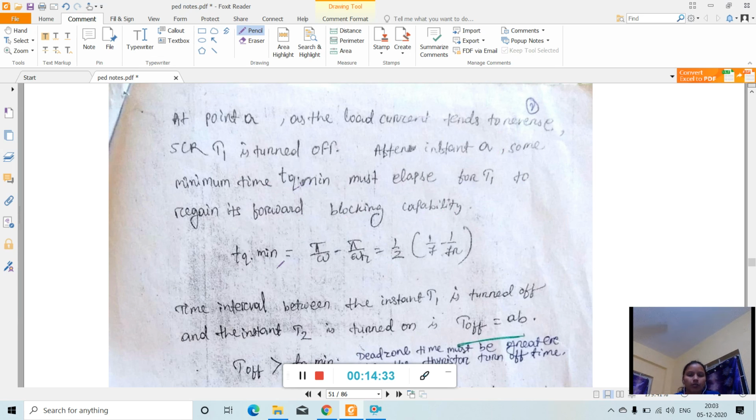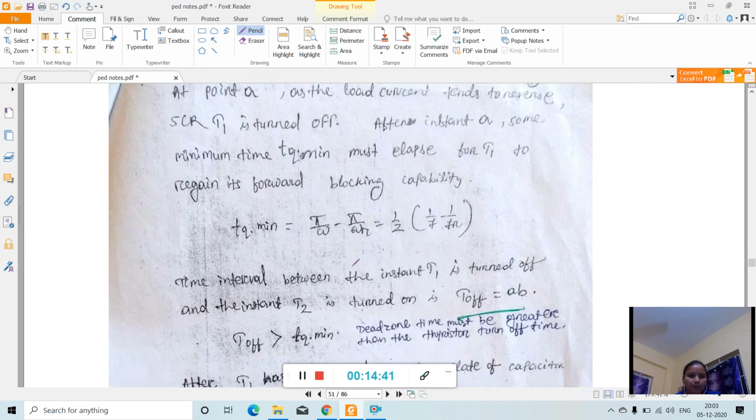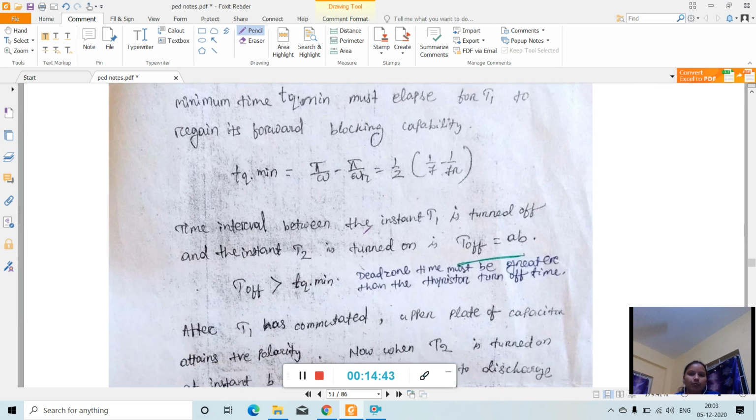The TQ equation is represented by this, where omega is the output frequency in radian per second and omega R is the ringing frequency in radian per second. The time interval between the instant T1 is turned off and the instant T2 is turned on is T off, represented by AB. So T off is always greater than TQ minimum. This T off is the dead zone time, and it must be greater than the thyristor turn off time.